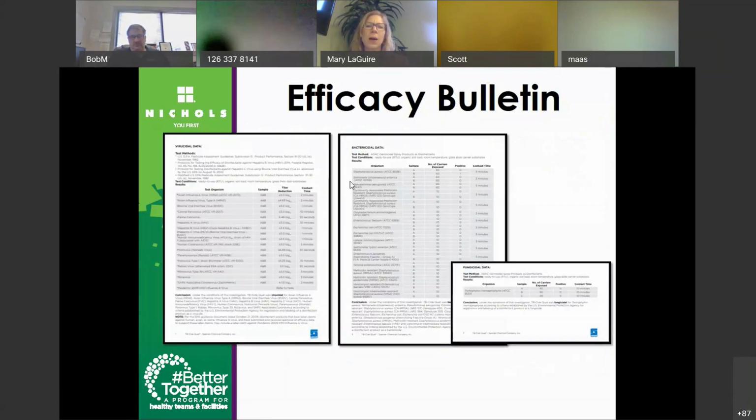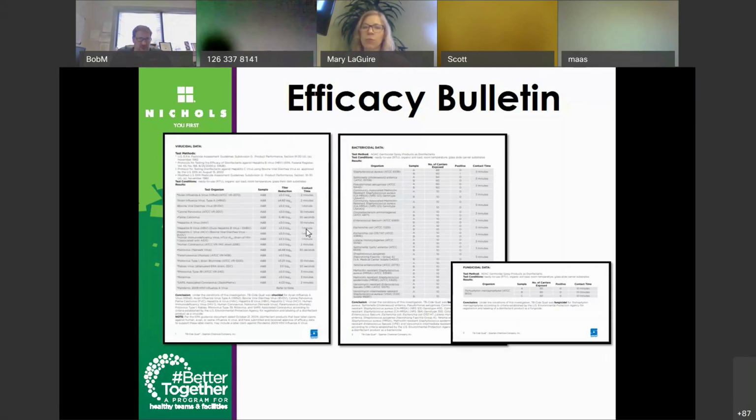But first, to pull up the TB side quat Efficacy Bulletin, when you pull that up, it looks something like this. I know it's a little hard to see on your screen, but it will list out all of the viruses, bacteria, funguses, all those different types of germs we talked about, and what it kills, and what the contact time or dwell time in that very last column is required to kill that specific pathogen.